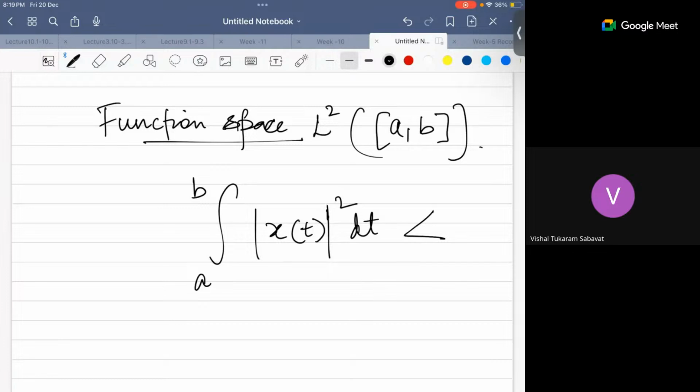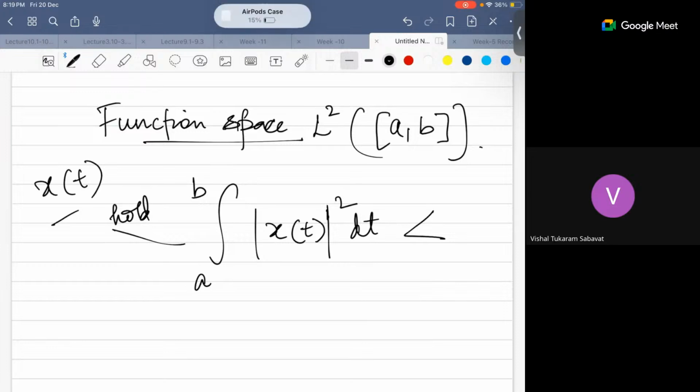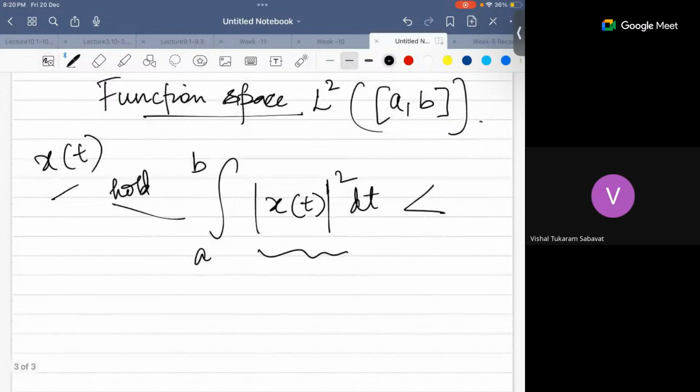If any function x(t) holds this, where the integral from A to B of |x(t)|² is less than infinity or has some finite value, then you can say that this x(t), this function space, is in L2.